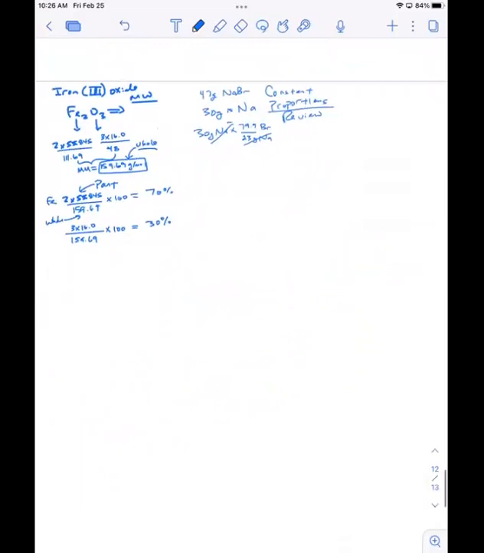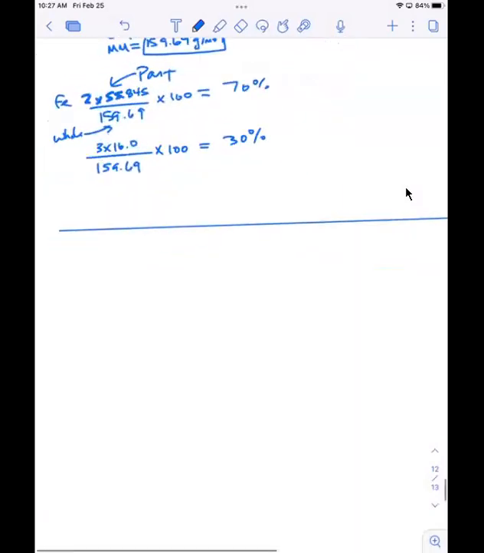All right, let's shift gears. We're now going to move into talking about empirical formulas. And again, a lot of these calculations are going to be similar, because what we're really doing in determining the empirical formula is finding the mole to mole ratio of each element in a compound. This is the same chapter, new concept.